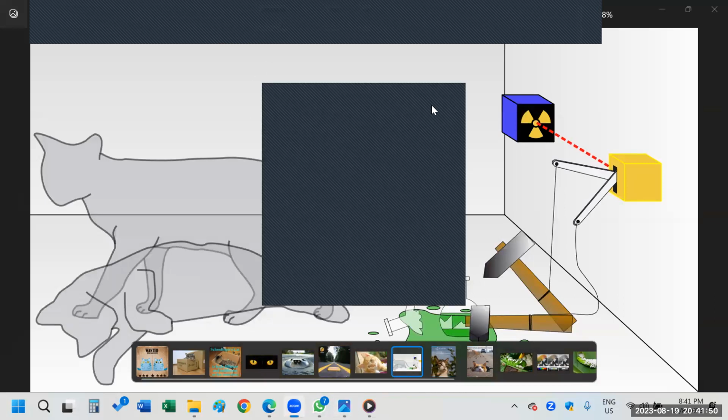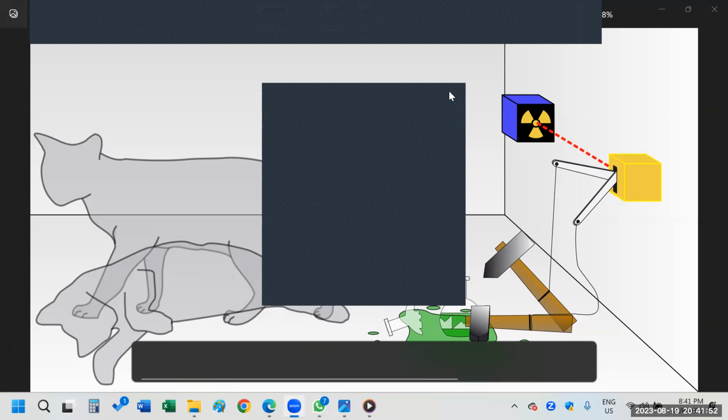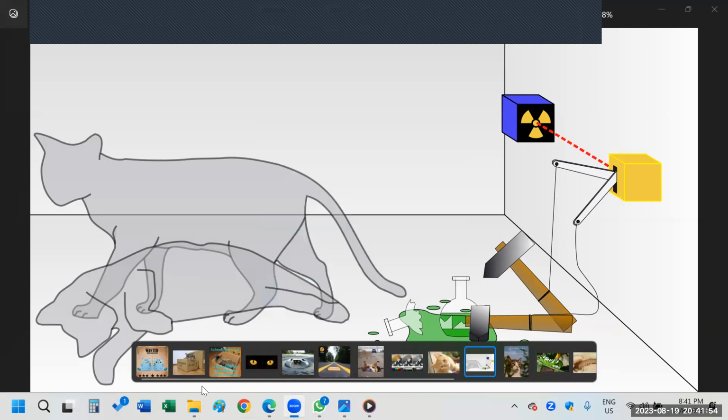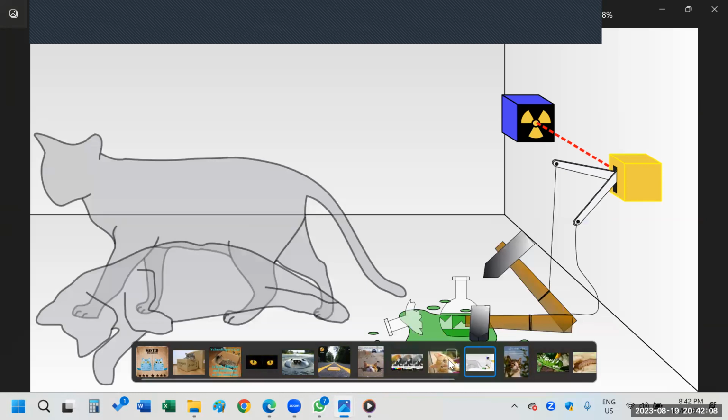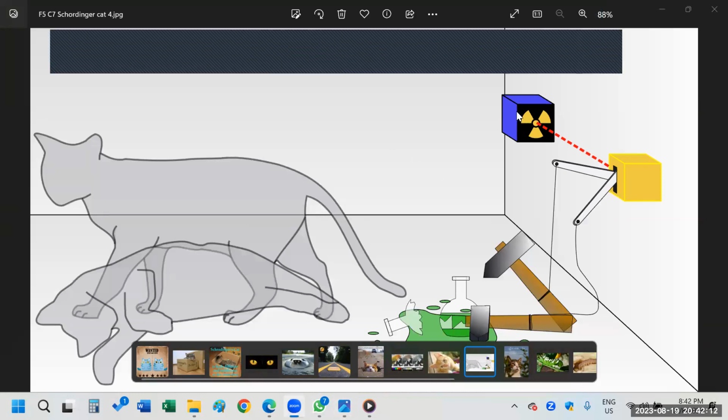Schrödinger, S-C-H-R, Schrödinger's cat. When De Broglie said this, wave-particle duality, many students, many people cannot understand.